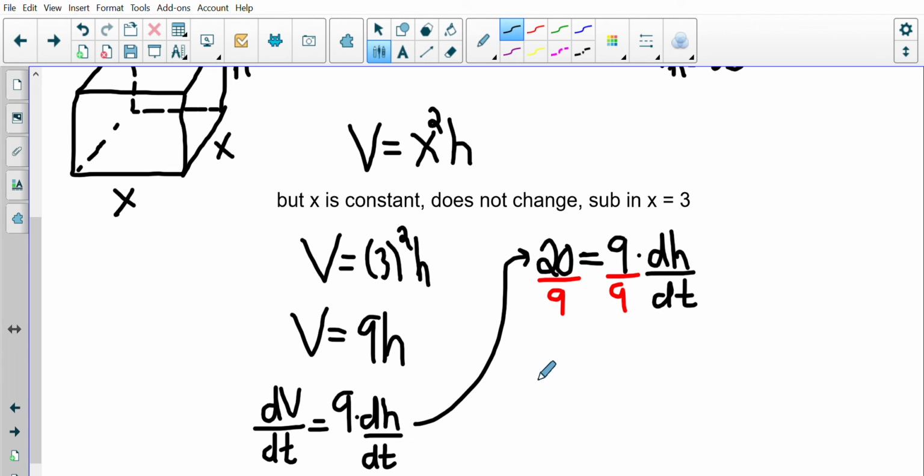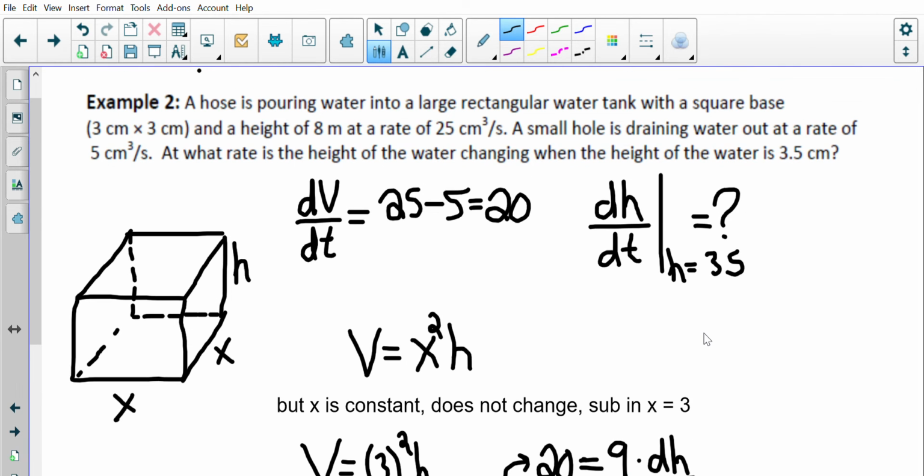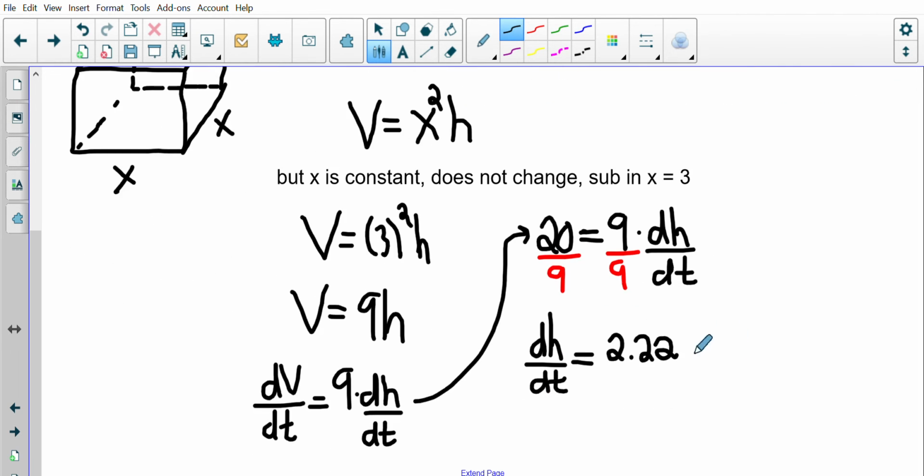And so dh/dt is equal to 20 divided by 9, which is 2.22. And I believe we were dealing with centimeters, and our time was in seconds. Yeah, so centimeters a second.